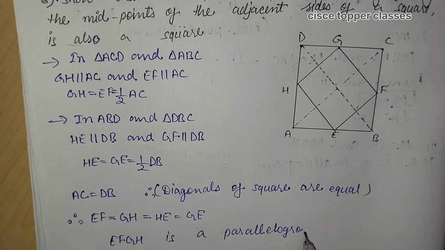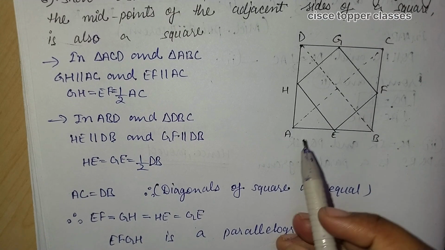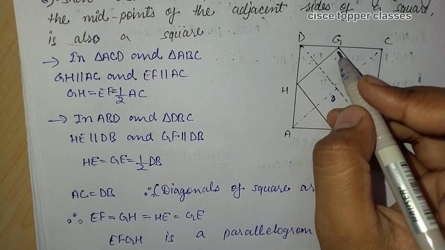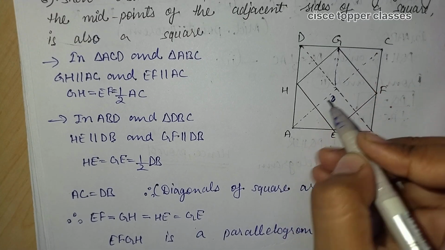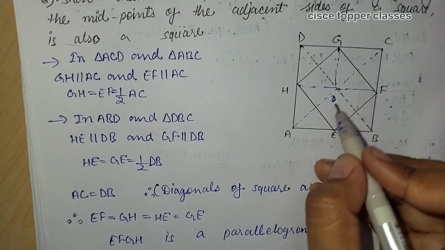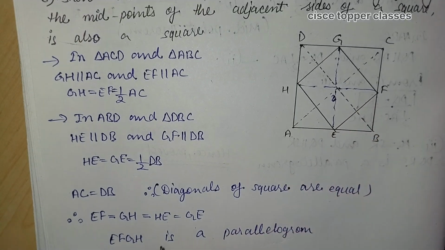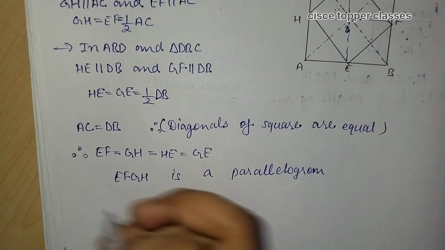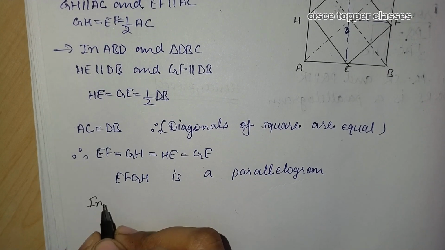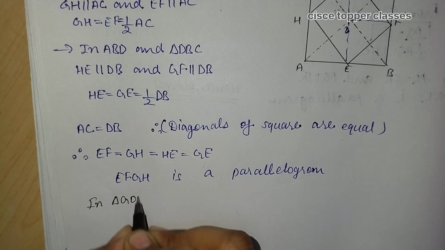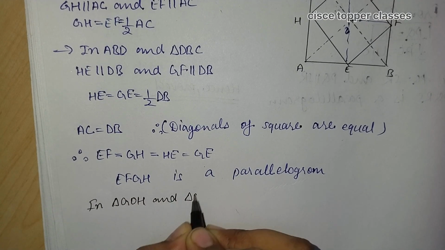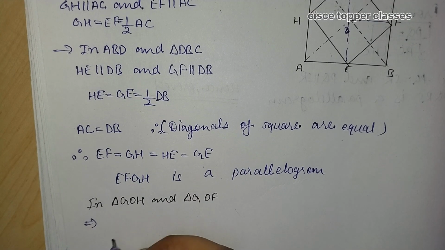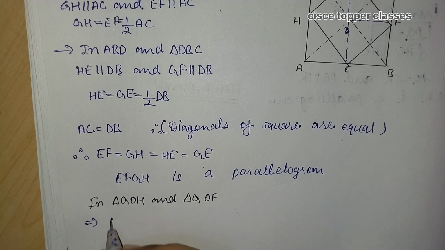Now in triangle GOH and triangle GOF, we have OG is equal to OG because it is common in these triangles.